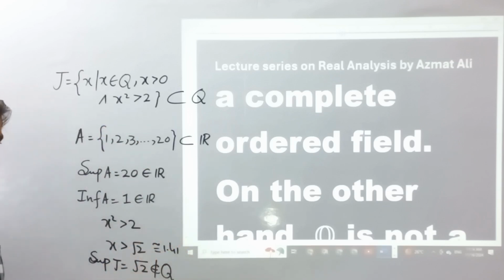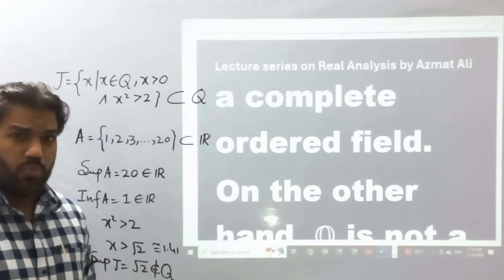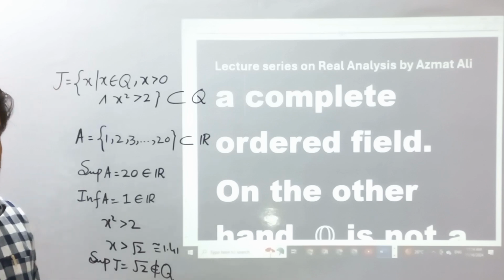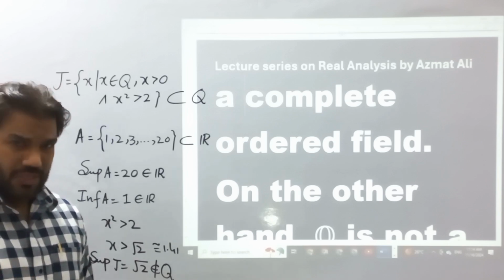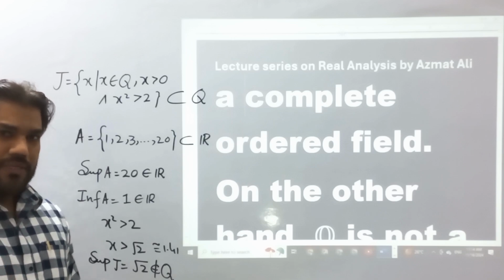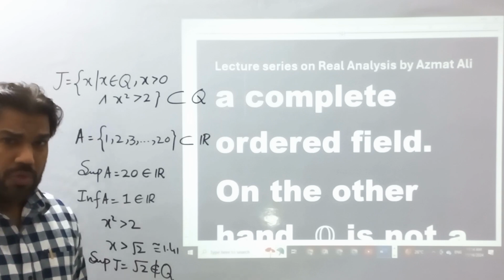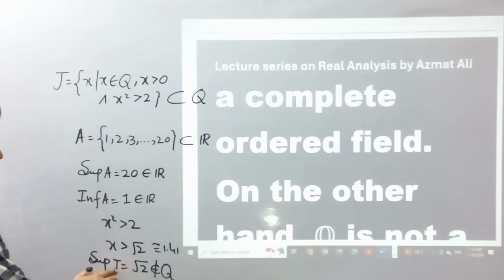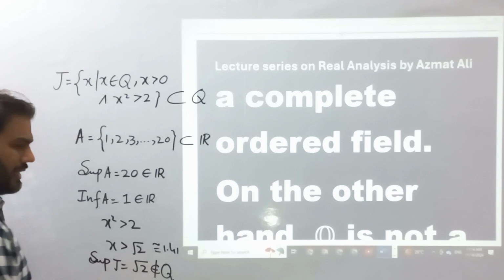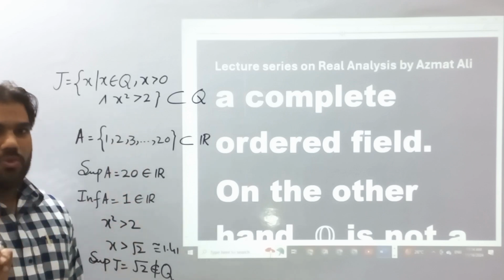All the numbers greater than 1.41 are its upper bounds, like 1.5, 1.51, 1.62, etc. These are all upper bounds of this set J. So J is a bounded above subset of Q, but the least upper bound of J is square root 2, which is an irrational number and does not belong to Q. So Q is not a complete ordered field.